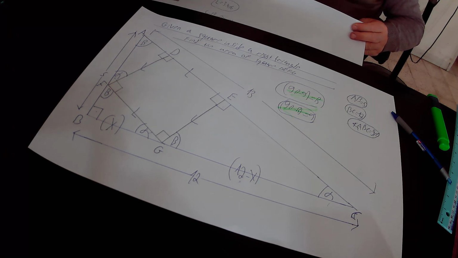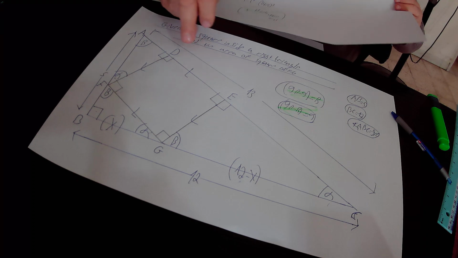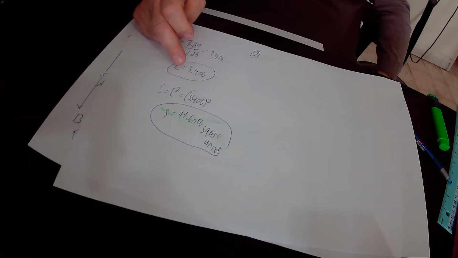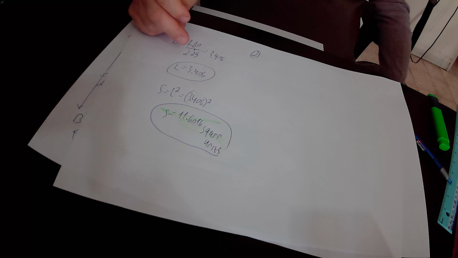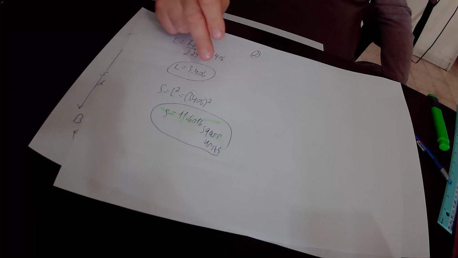So the area of square DEFG equals L squared, and L squared equals 3.406 squared, which equals 11.6016.